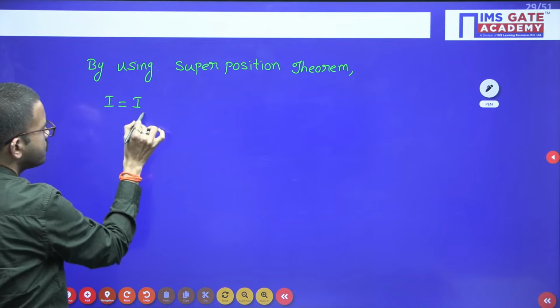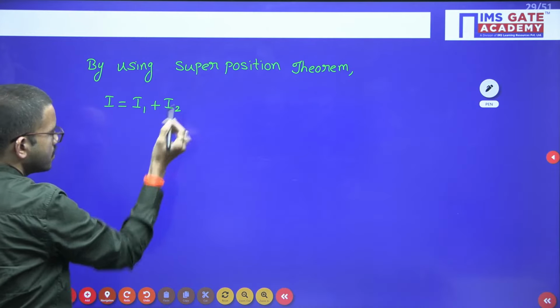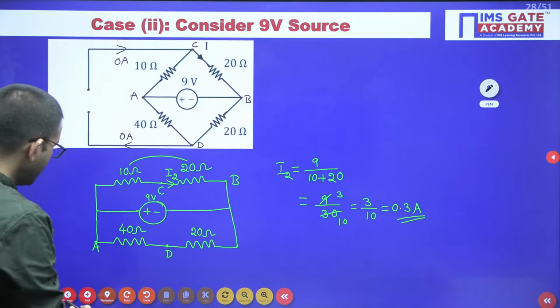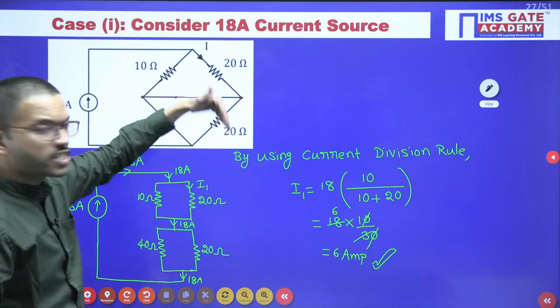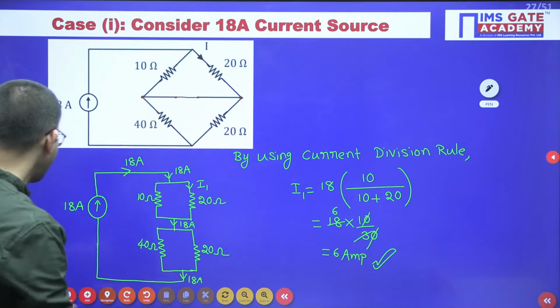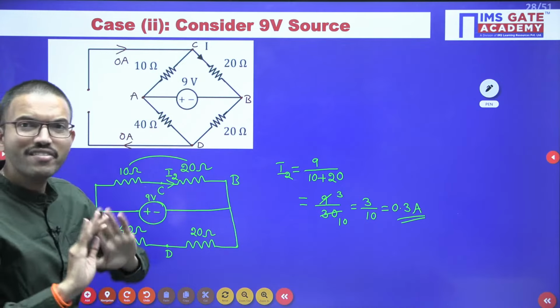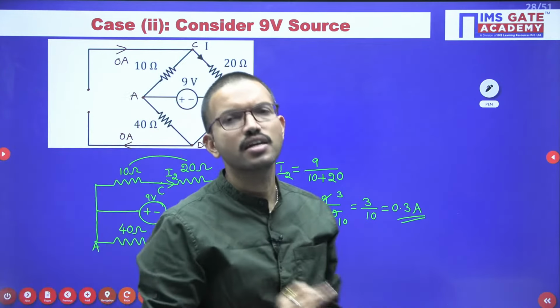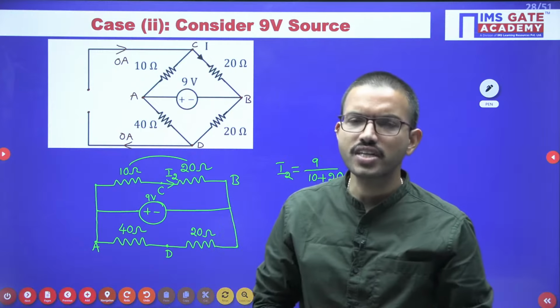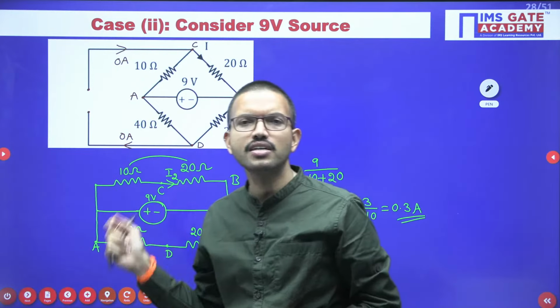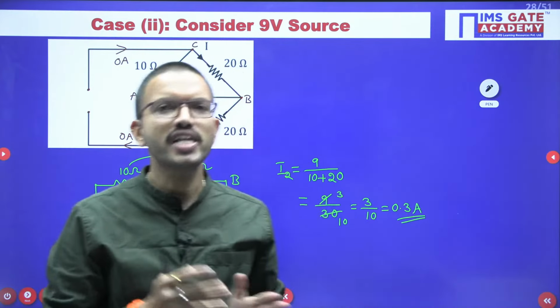I1 plus I2. See, in case 1 we have the I1 direction like this, and in case 2 we have the I2 current direction the same. We haven't changed the direction of the current. So if you haven't changed the direction, obviously whatever current values you get, you can add.